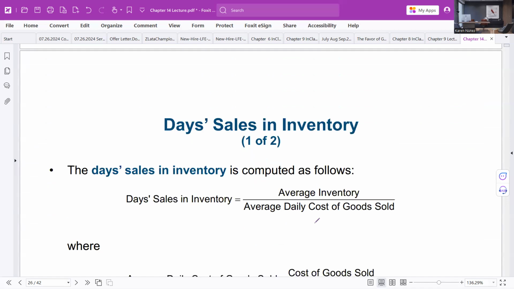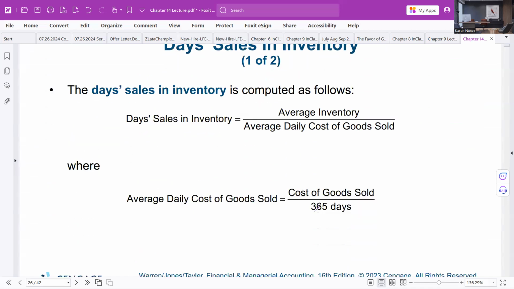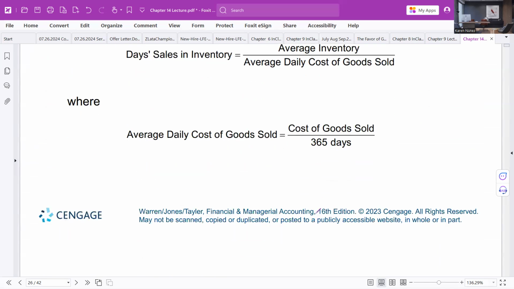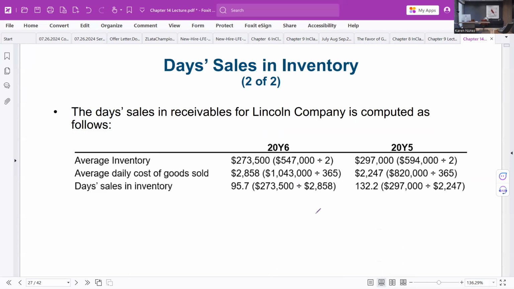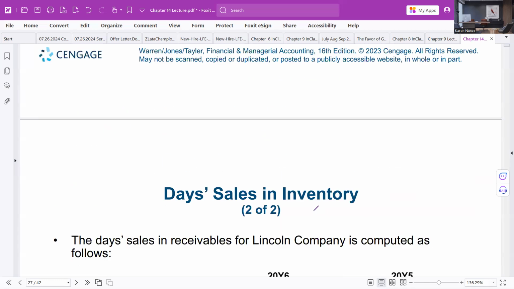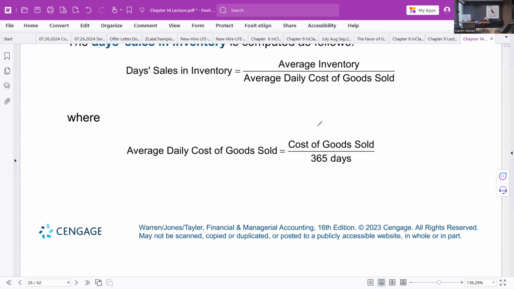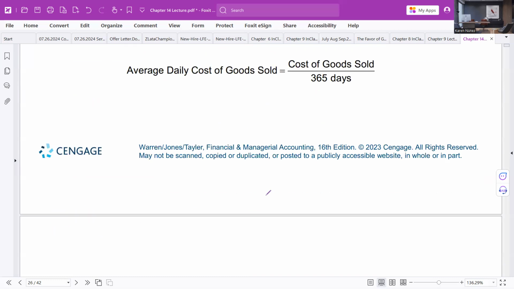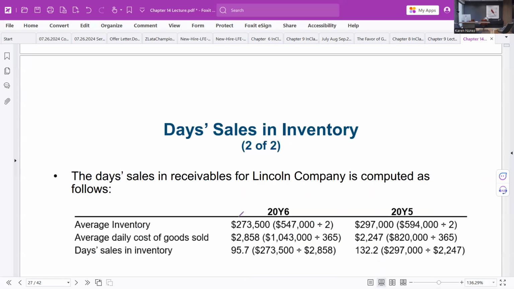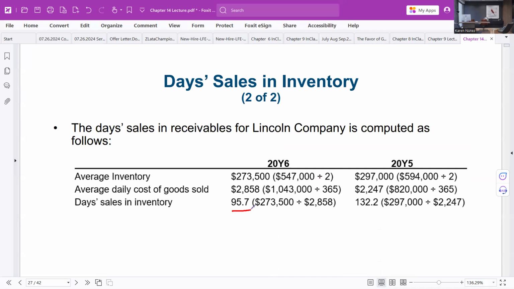Take the average inventory and divide it by the daily cost of goods sold. Cost of goods sold divided by 365 is daily cost of goods sold. So what that tells us in this case is that it takes this company 95.7 days to sell their inventory, right?